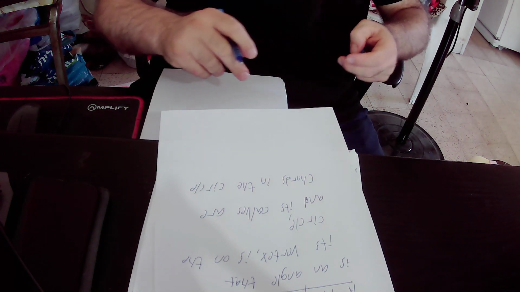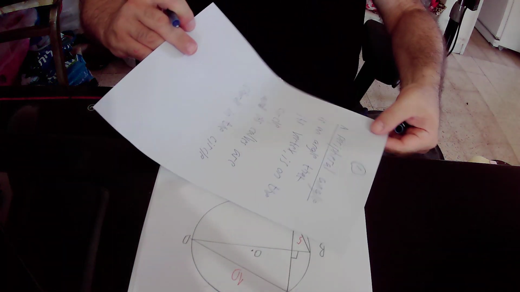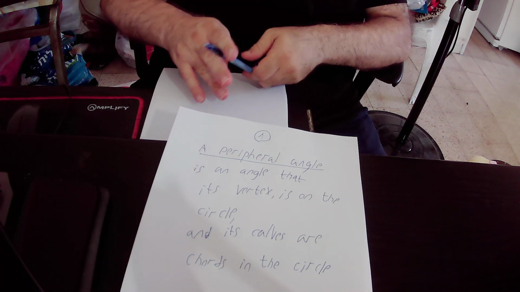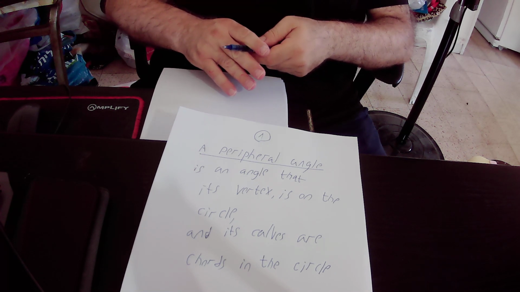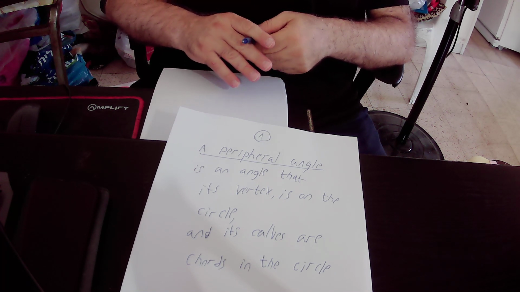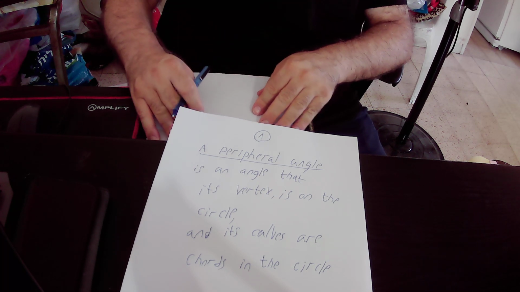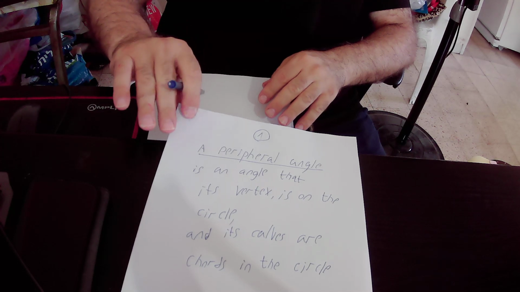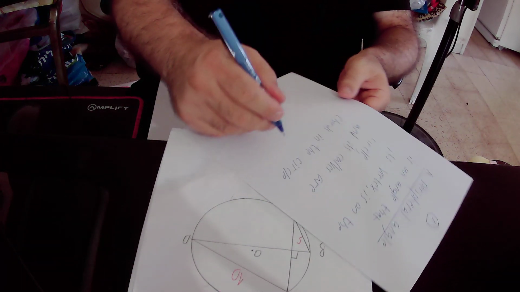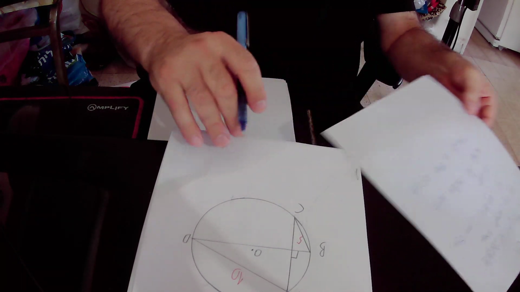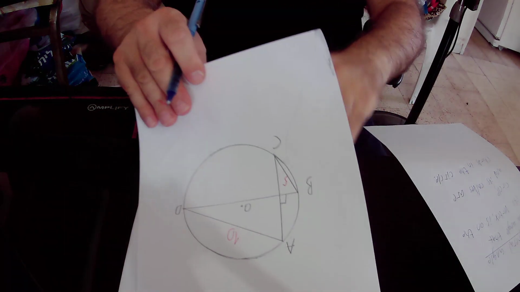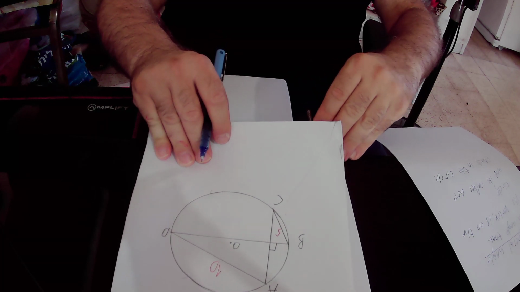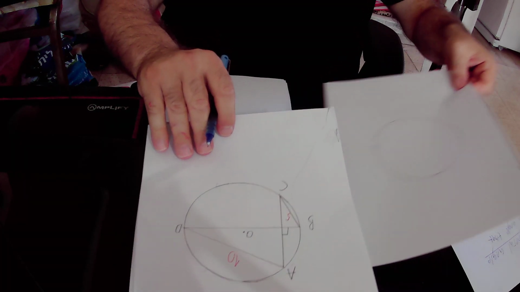So I will read again the definition of a peripheral angle. A peripheral angle is an angle that its vertex is on the circle and its curves are chords in the circle. Okay, so now I will give you an example of a peripheral angle in order to clarify the definition.